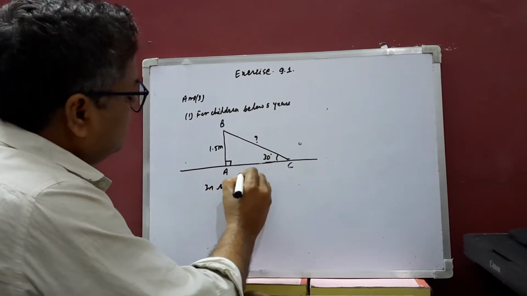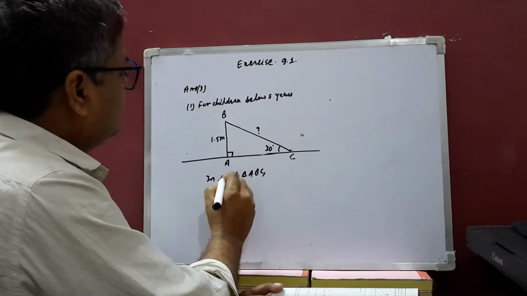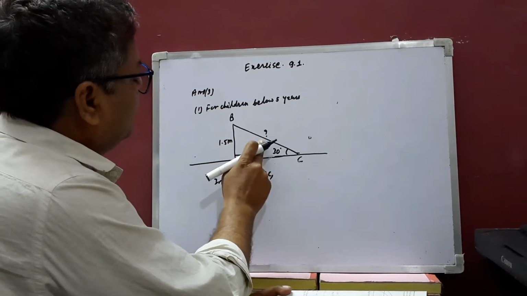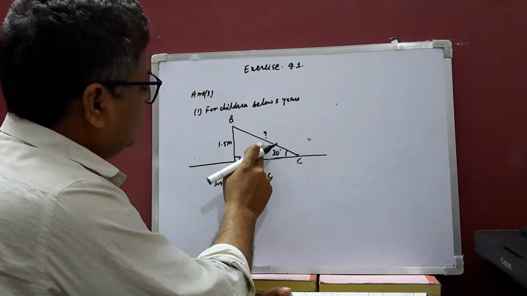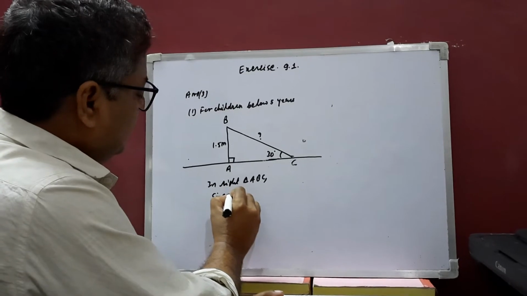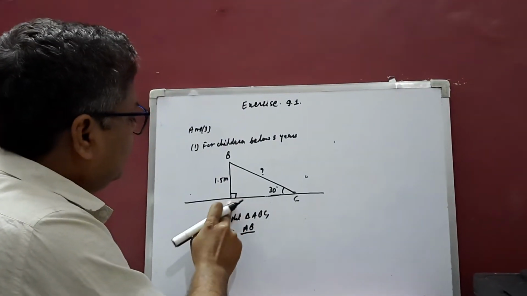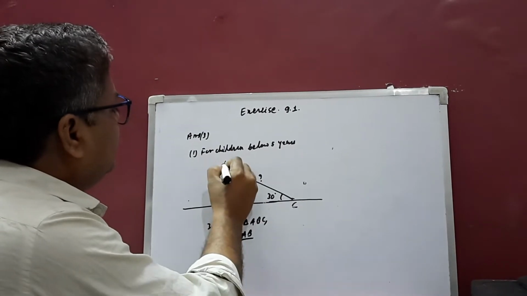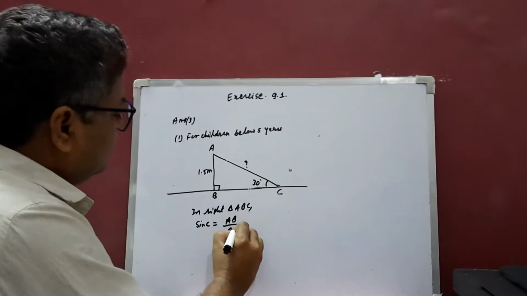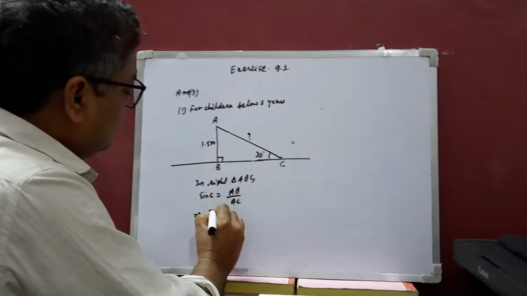So in right triangle ABC, and these are related by sine theta. Sine C is equal to AB by, for better convenience we will write here A and this is B. AB by AC, and the value of sine C is 30 degree.